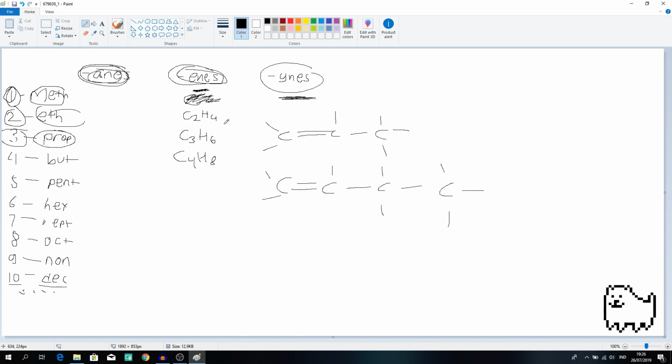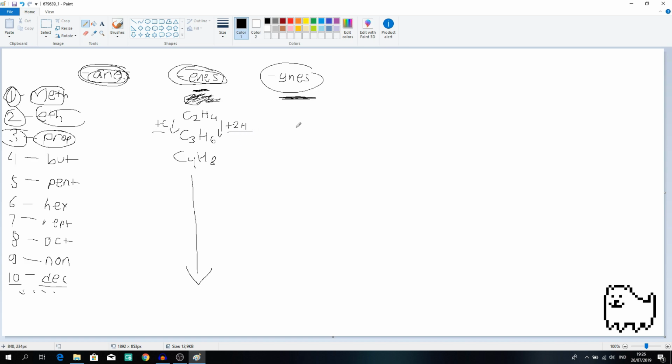So basically, it's the same pattern. Each carbon adds 2 hydrogens, and all of the hydrocarbon chains follow the same thing. So again, you can easily predict all of this just through simple patterns.